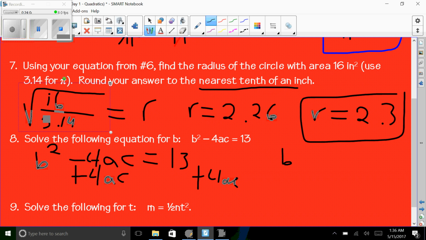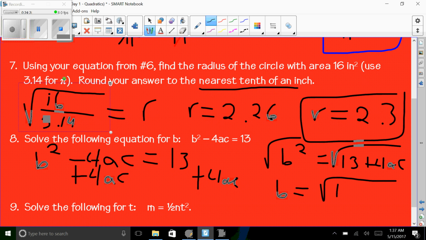We're left with b squared equals 13 plus 4ac. Again, to get rid of the squared, take the square root of both sides. Normally the square root of 4 is 2, but since it's attached with that plus, we really can't do anything with it, so we're just going to leave it there. Don't forget to put your plus minus in the front because that lets us know there's more than one answer.